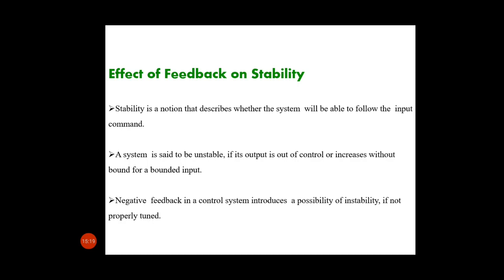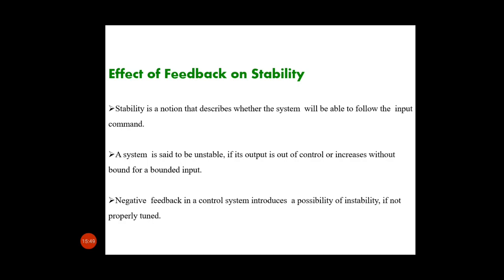If the transfer function is infinite, that means C(s) by R(s) is infinite, so your output is infinite when you do not have control of the system. So you consider the system unstable.